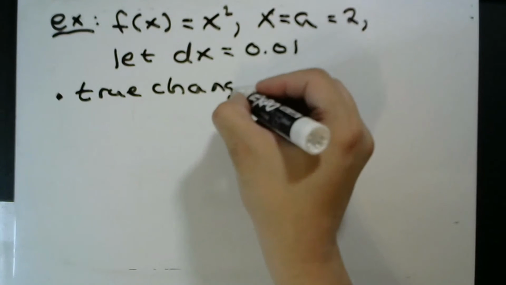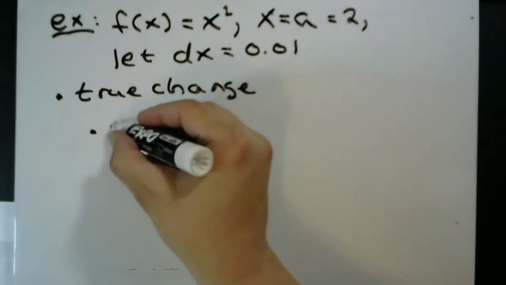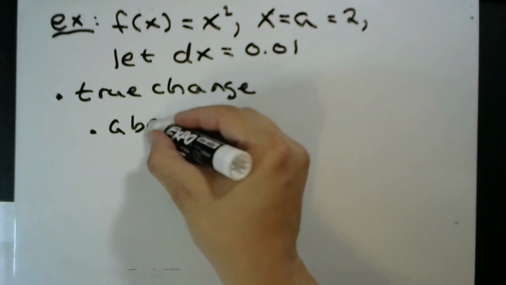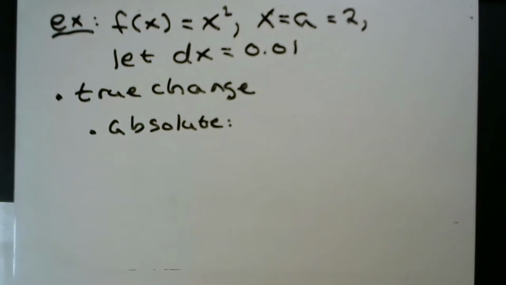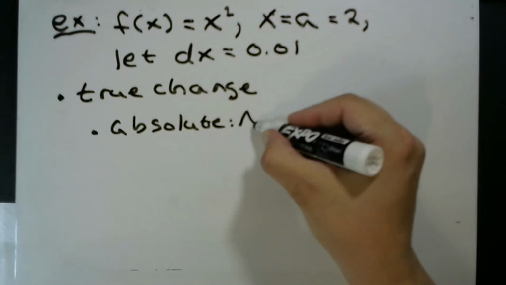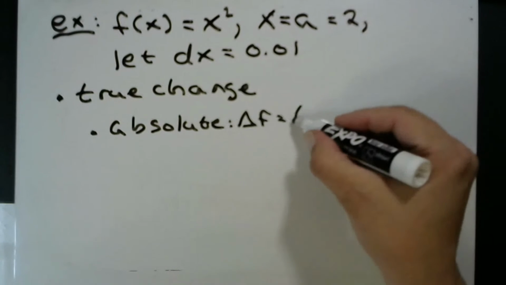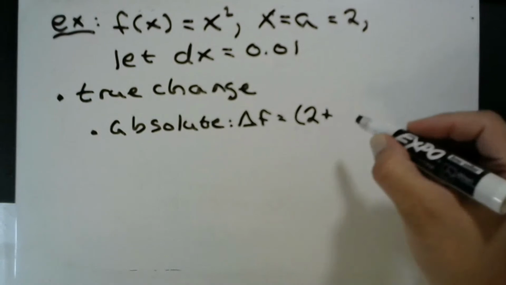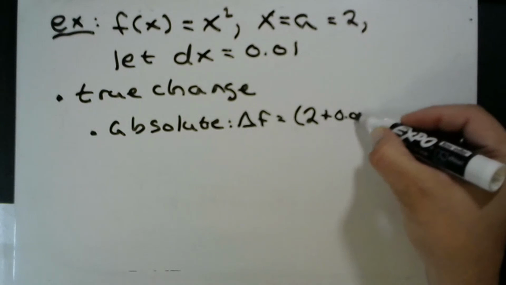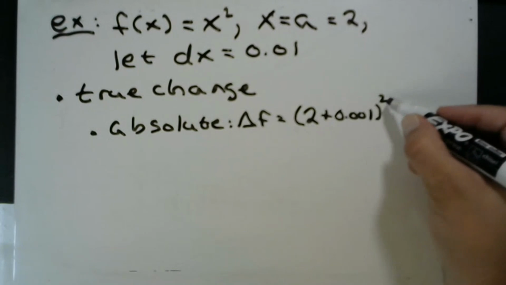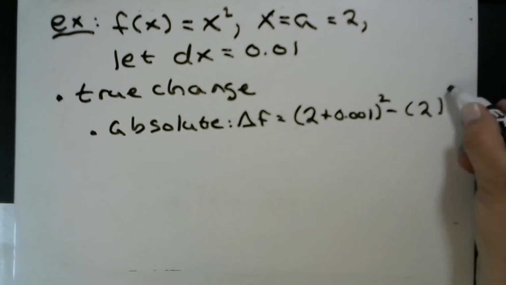We have our true change. And again, first off is absolute. So this is delta f. So delta f is x squared, so that's going to be x0 or a plus dx. And we square that, and we subtract a squared.